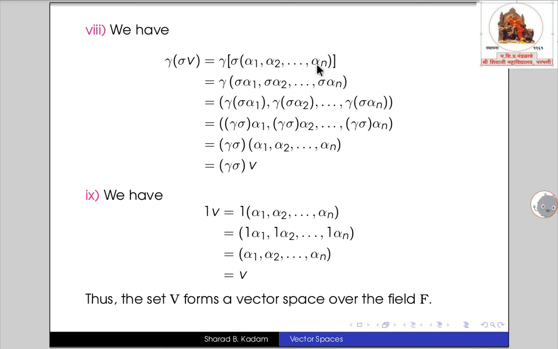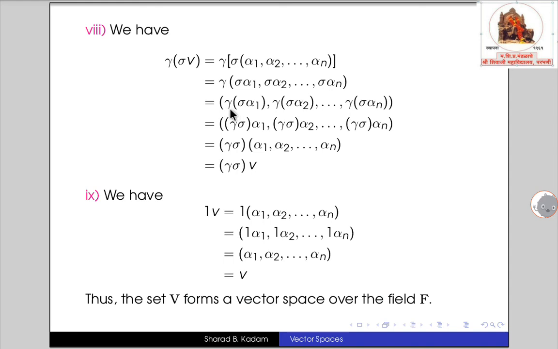We again multiply this vector by the scalar gamma, so we get this element here. Gamma, sigma, alpha 1, alpha 2, alpha n all are scalars. That means they are elements of the field F, and we know that in every field the associative property with respect to multiplication holds. So that is why this vector equals this vector.